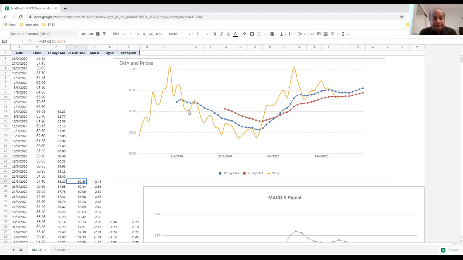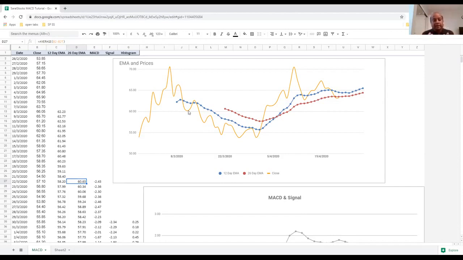So a 12-day moving average essentially says the values that are in the last 12 days, you find the average, and a 26-day average goes beyond that price time, and gives you what's called a slow moving average, and a 12-day moving average is a fast moving average.